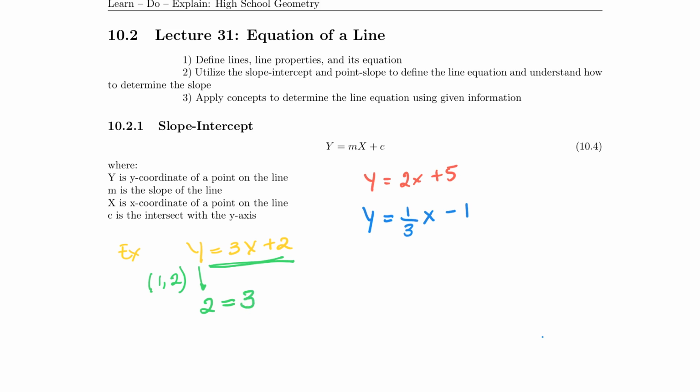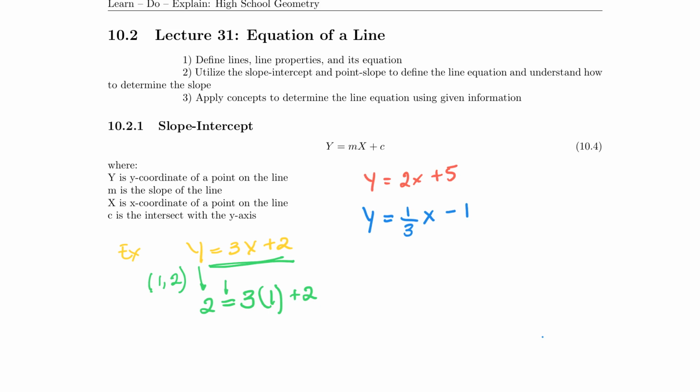3, the same 3. X, what is the x coordinate of the point? It is 1, plus 2. And we need to make sure that this equation complies with the equality. We have an equal sign right here, and we need to make sure that whatever is on the left of the equal sign is the same as what is on the right of the equal sign.